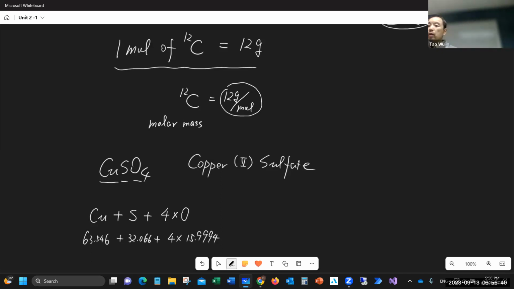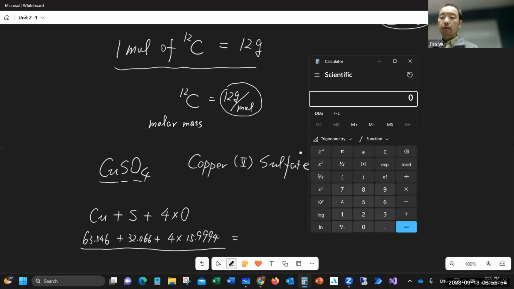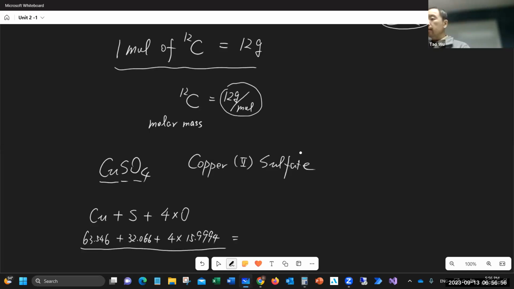Those are the masses, and then you put them together into the calculator. 159. Say it again. 159.5196. Okay, thank you. So that is in grams per mole.